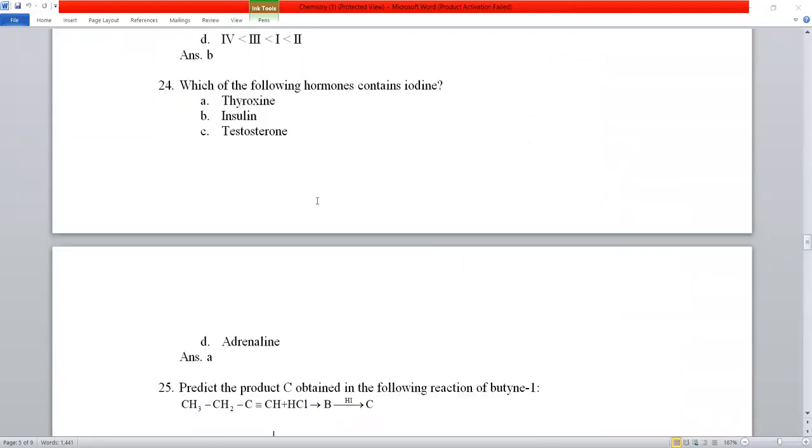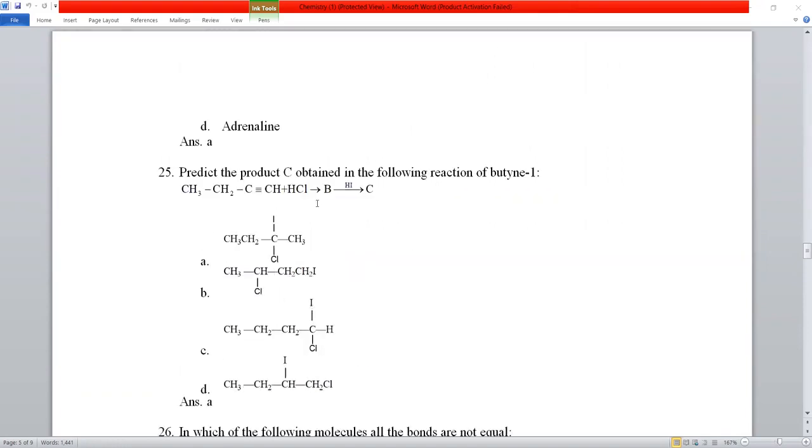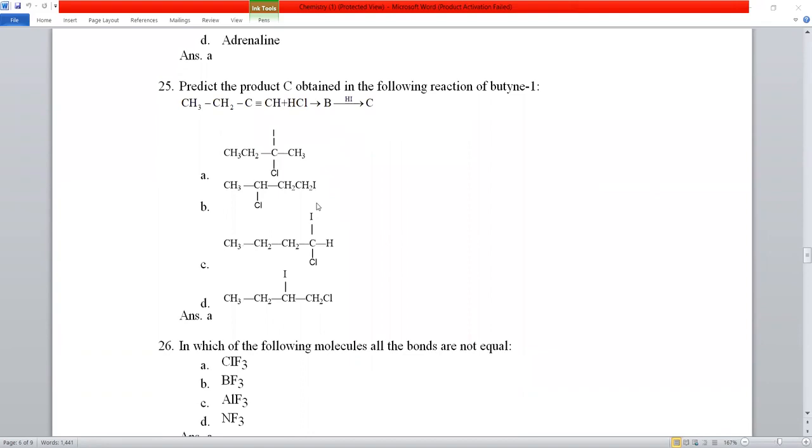Question number 24. Which of the following hormones contains iodine? That is thyroxine. Next, question number 25. Predict the product C obtained in the following reaction with 1-butyne. Check here, students. They have taken as reactant CH3CH2C≡CH, 1-butyne, and treated with HCl.